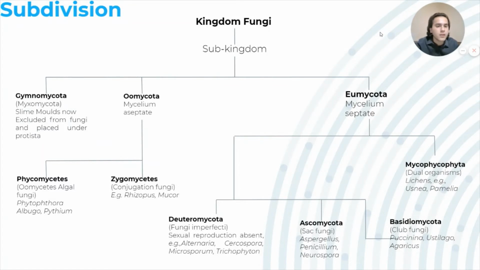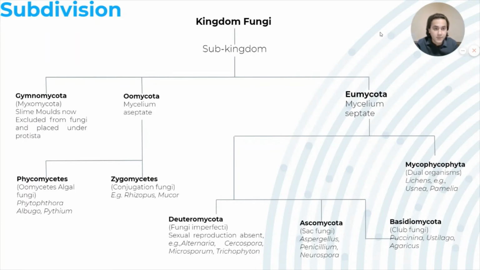From the Eumycota, with septate mycelium, we have first the Mycophyta, explained as dual organisms. Examples in Latin are Usnea or Pamelia. Another subdivision of Eumycota is the Deuteromycota, where sexual reproduction is absent. It can also be explained as the fungi imperfecti. Examples are Alternaria, Cercospora, Microsporum, or Trichophyton.